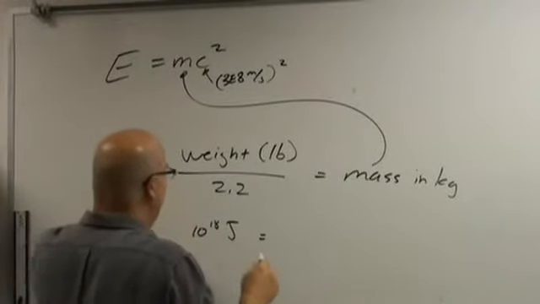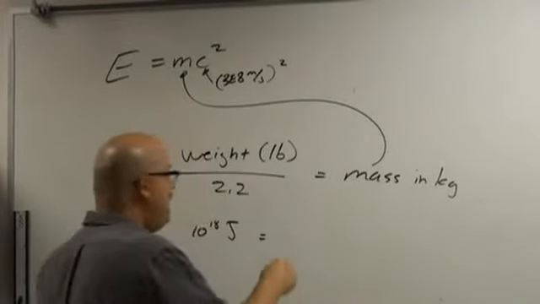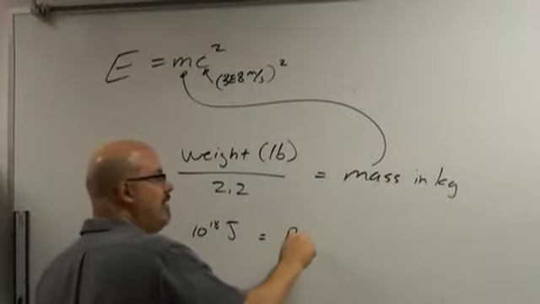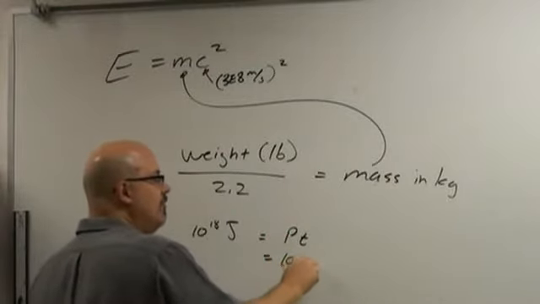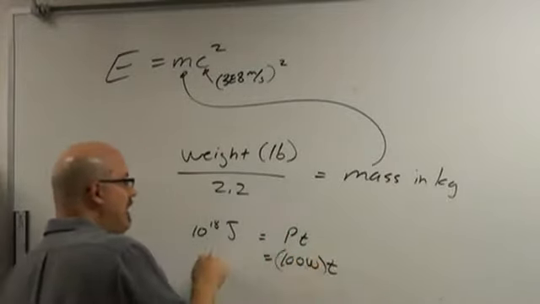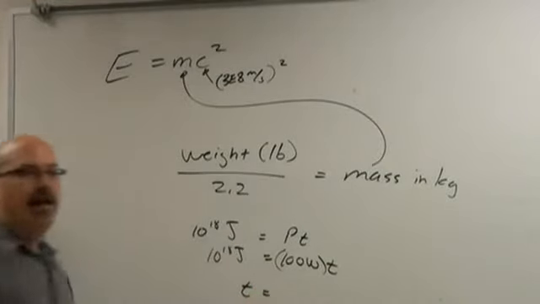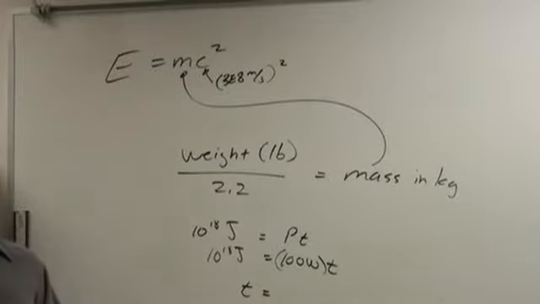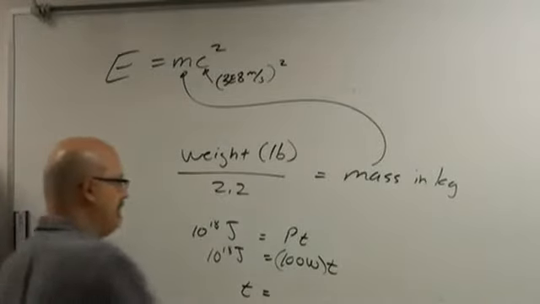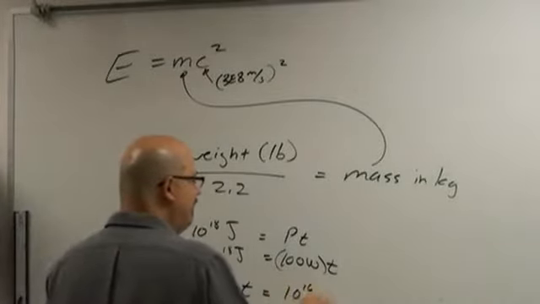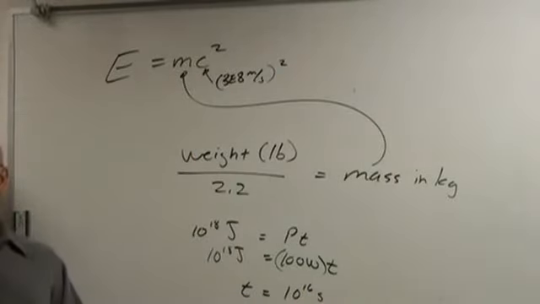And that's power times time. So that's 100 watts times time. So how long could you run a 100-watt light bulb if we converted you to energy? 10 to the 16th seconds. All right. That's useless.